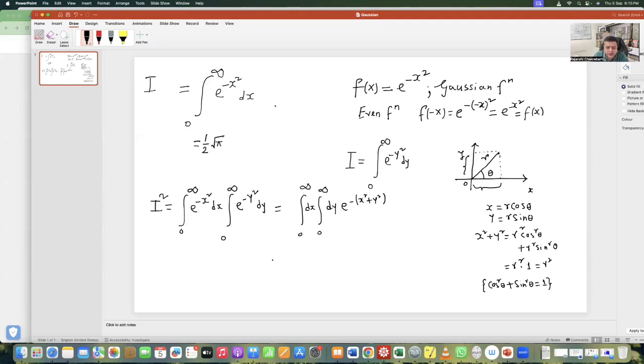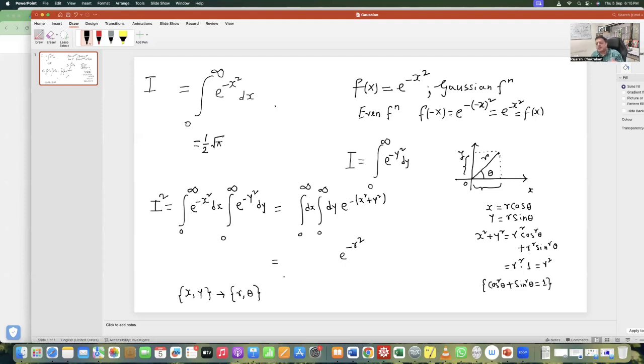So this integral is now going to be an integral of exponential minus r square. But now the integration is not going to be over x and y, but over r and theta. So actually you make a transformation. You go from the xy coordinate system to another coordinate system, which is called r theta.